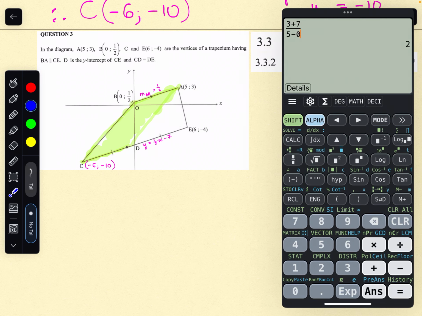Let's see. So the gradient of AE, that's what we're working out now. 3 minus -4 divided by 5 minus 6. The gradient, ladies and gentlemen, is -7. Oh my goodness. So this is not a 90 degrees at all, remotely.